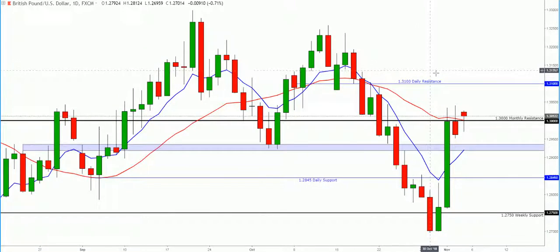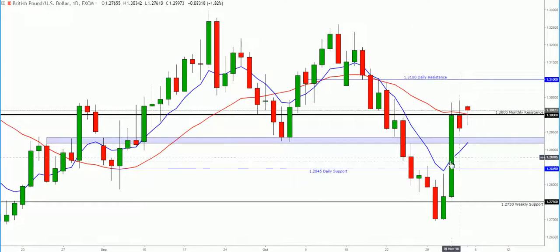Daily time frame. Here you can see that massive bullish candle that we had on the first day of this month. Took us all the way back up to the simple moving average, but failed to break through the 1.3. The following candle on Friday did give us some pullback.